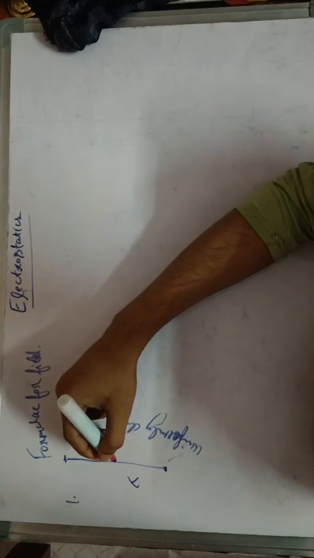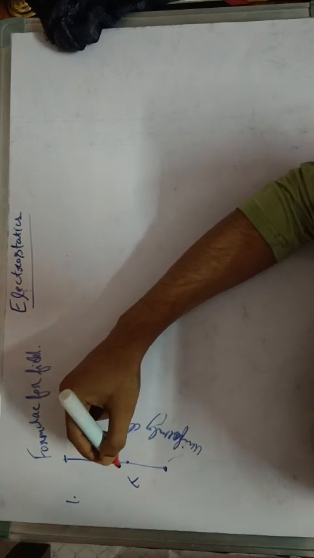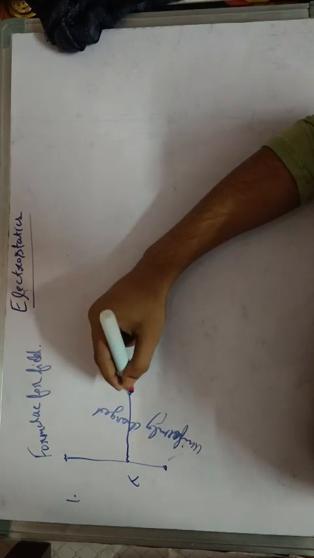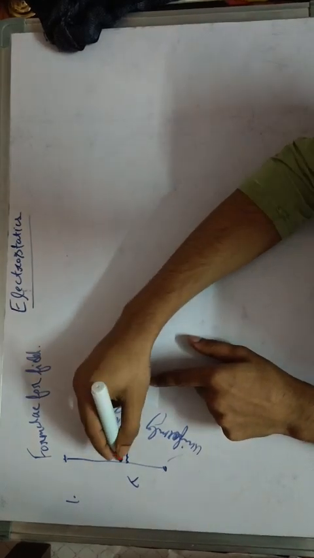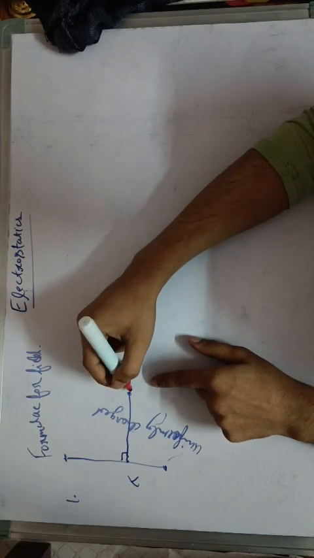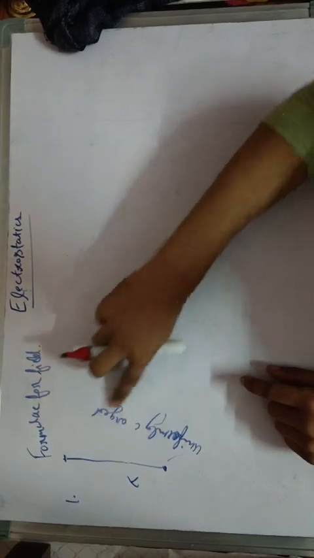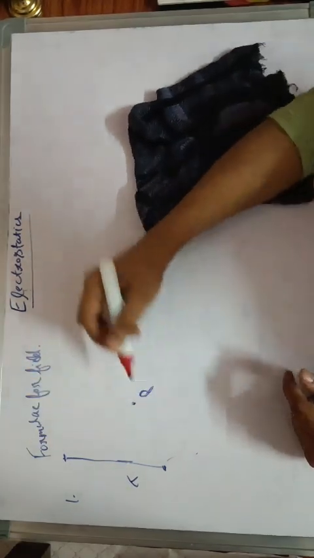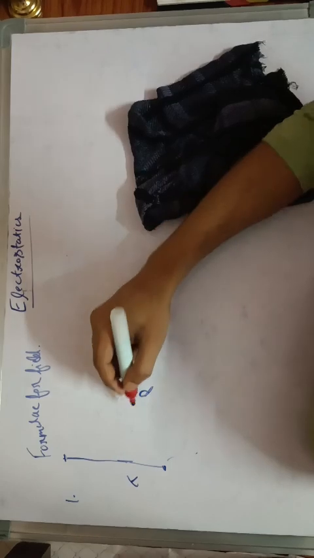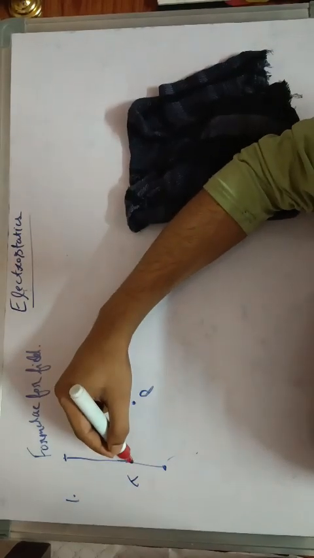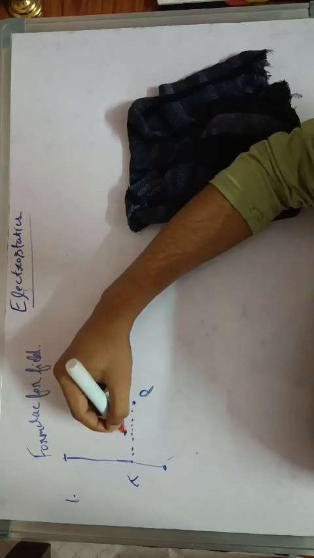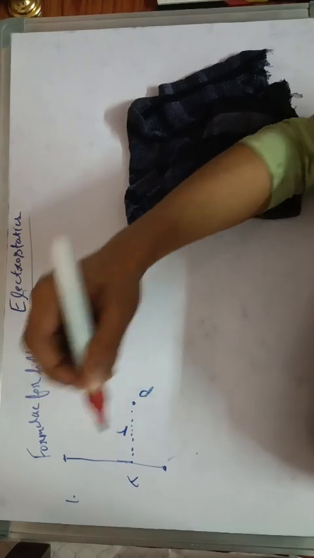Let's say we are taking a point in the space here, P, at which we want to calculate the electric field due to this charge density. So what we will do is draw a perpendicular line here. The distance of this perpendicular line would be, let's say, r.